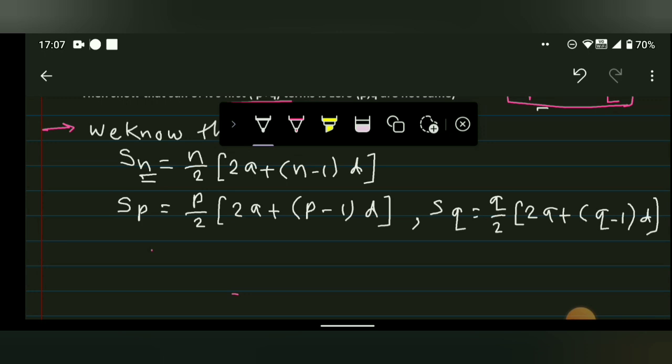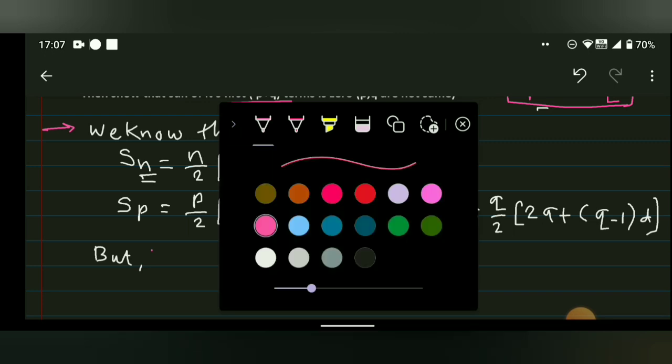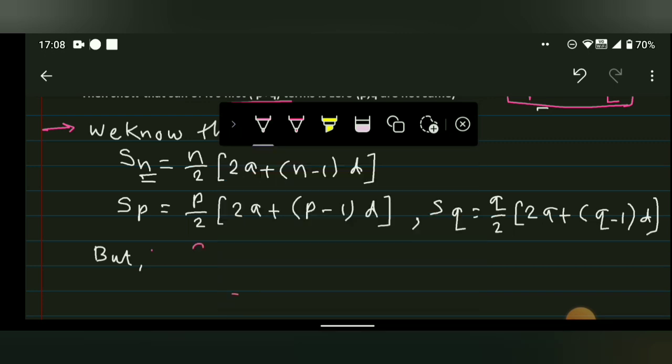So these are the two formulas that we require. But we have been given one condition, as we saw initially: the sum of the first p terms is equal to the sum of the first q terms, that is, Sp is equal to Sq. This is given to us.